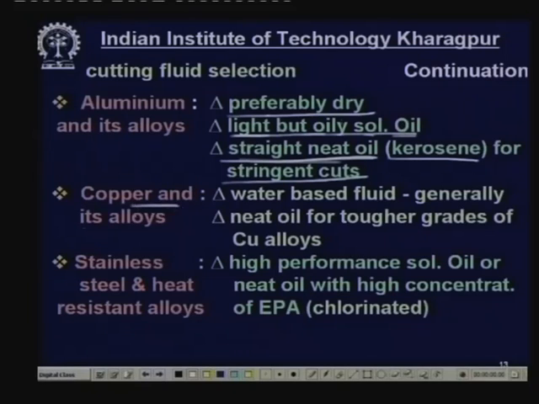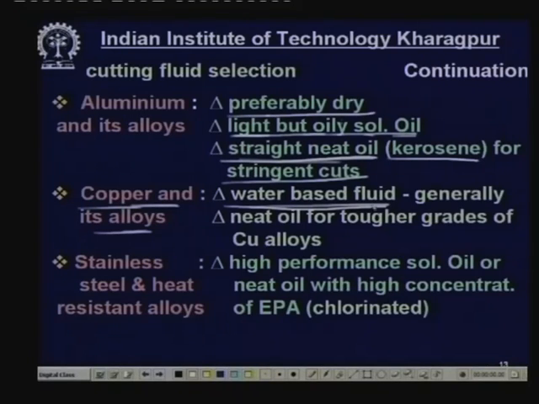Now, again for copper and its alloys, water based fluid is best. But water based fluid is called chemical fluid, where, as I told you, the chemical fluids are of two types, active type or inactive type. What kind?